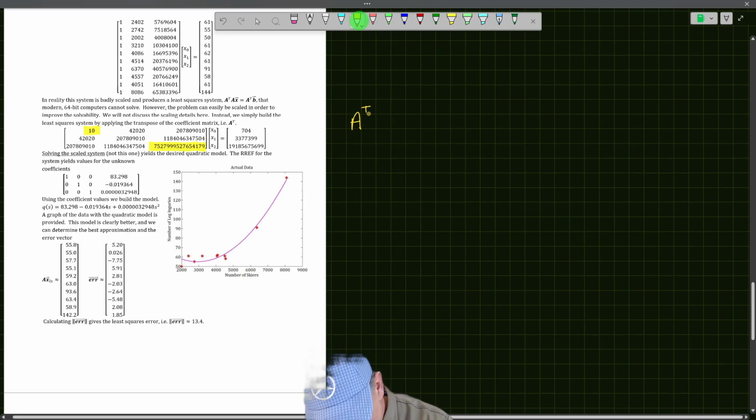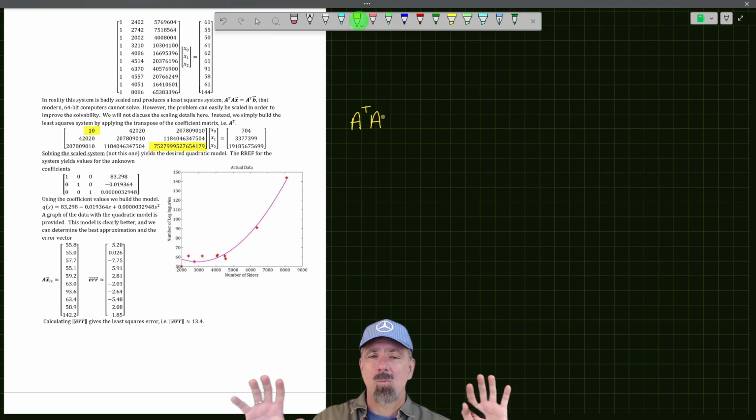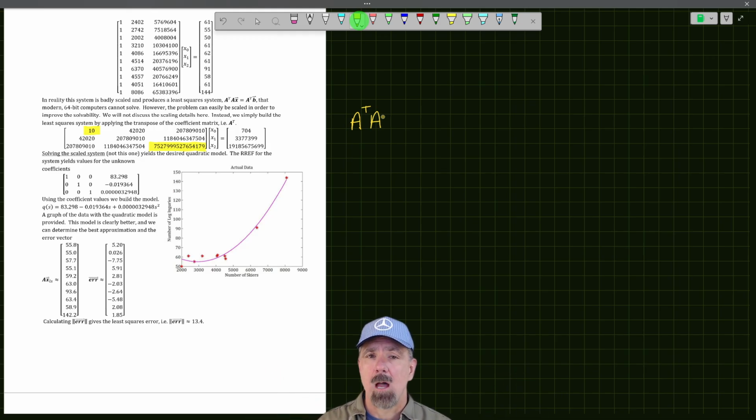When we calculate A transpose A, we are amplifying the difference between the largest and smallest values that are in A. And in this case, once we start to approach anything where we have 14, 15, 16 digits of difference between these numbers, a modern double precision arithmetic computer is not going to give us a good answer.